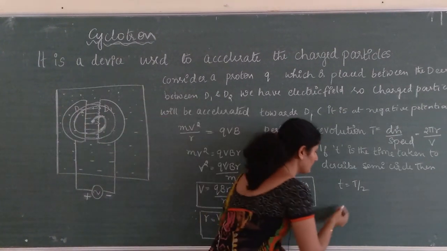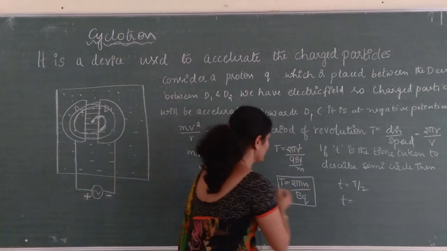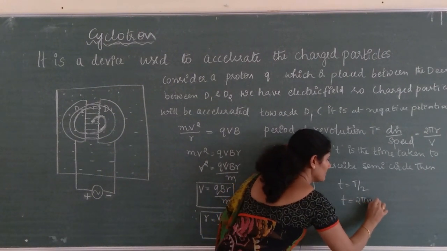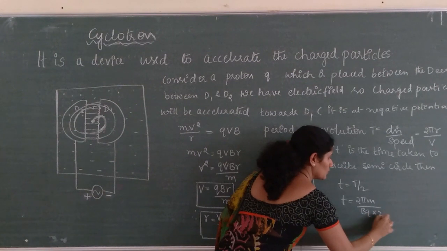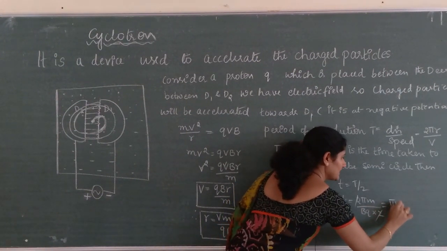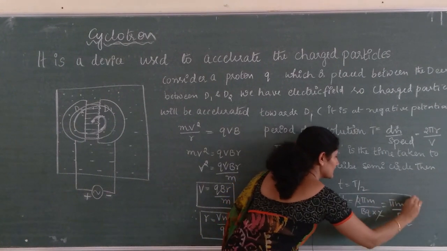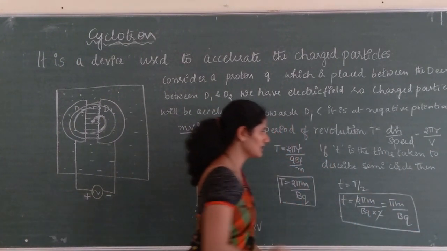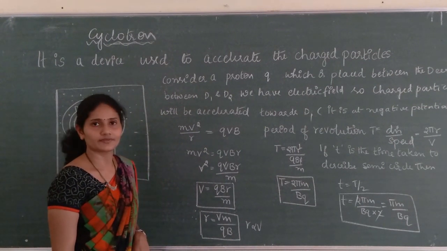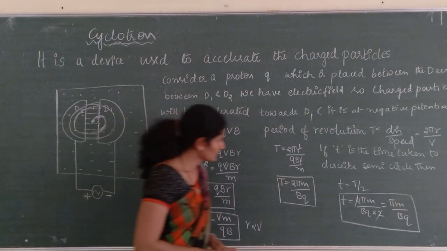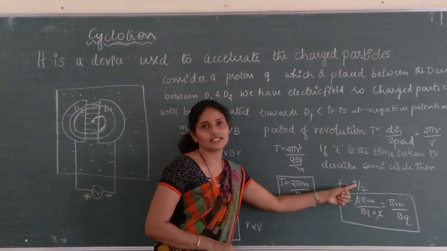So, t is equal to 2 pi m divided by BQ by 2, 2 cancels, pi m divided by BQ. This is the time taken by the charged particle to describe a semicircle, or this is nothing but half of the time period.